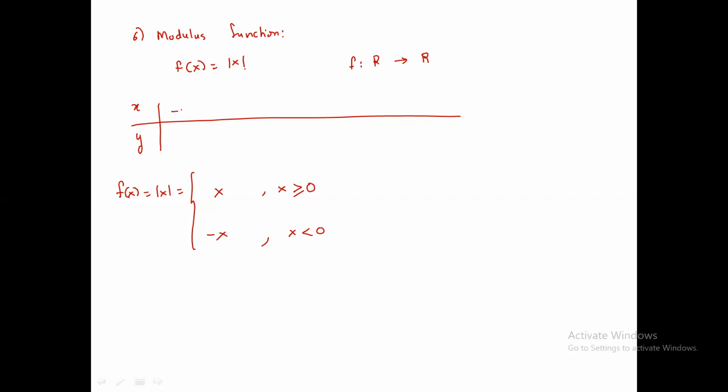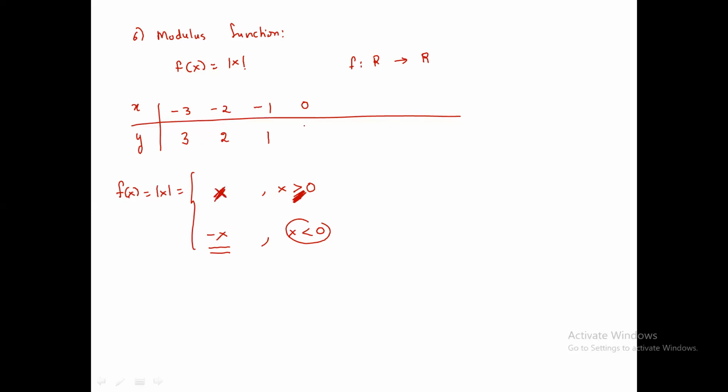So if I take -3, -2, -1, if I take less than 0, the y answer will be minus of x, minus of -3, minus of -2, minus of -1. But if I take x as 0, then y will be x only.